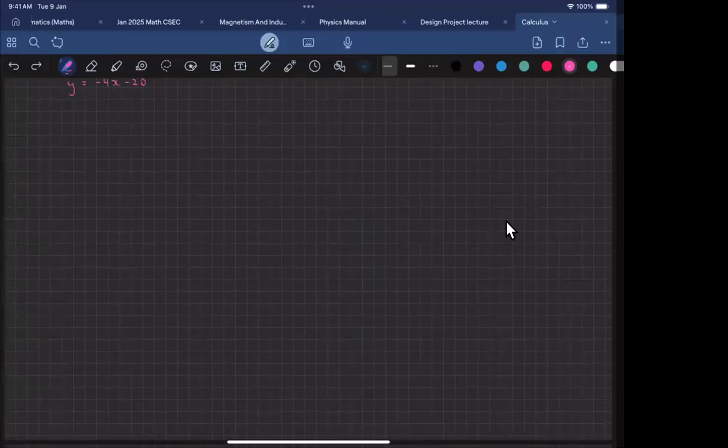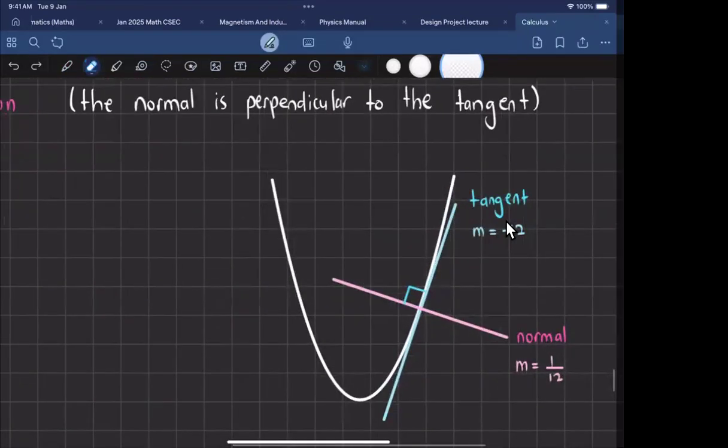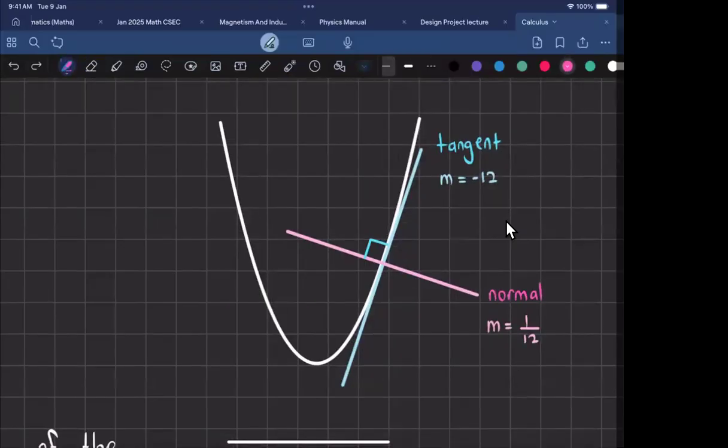Remind me, guys, when we differentiate, we're finding the gradient of the tangent. So whatever gradient we get, that's the gradient for the tangent. Now, how would I use that to figure out the gradient of the normal? So we're seeing here that the tangent and the normal are perpendicular to each other. Now, if two lines are perpendicular, how are the gradients related to each other?